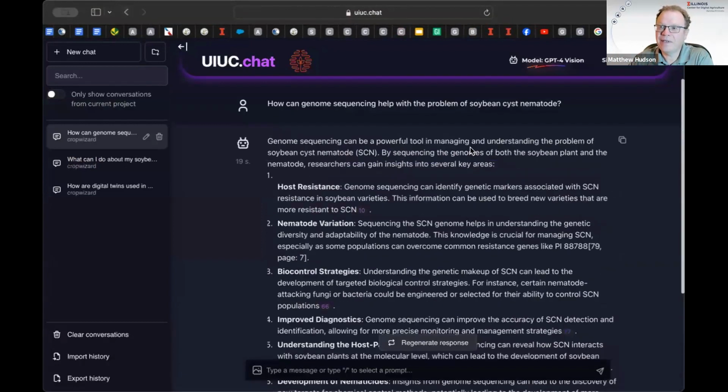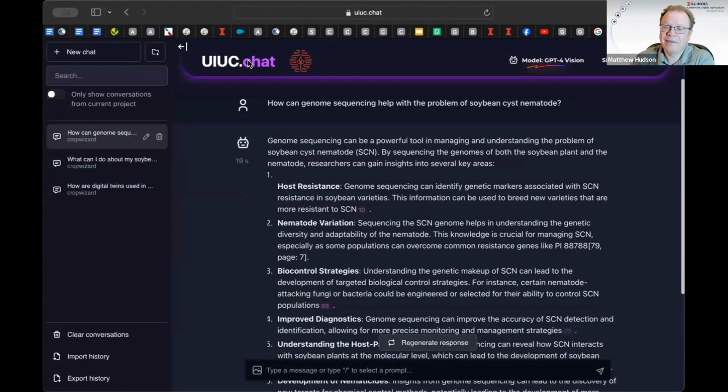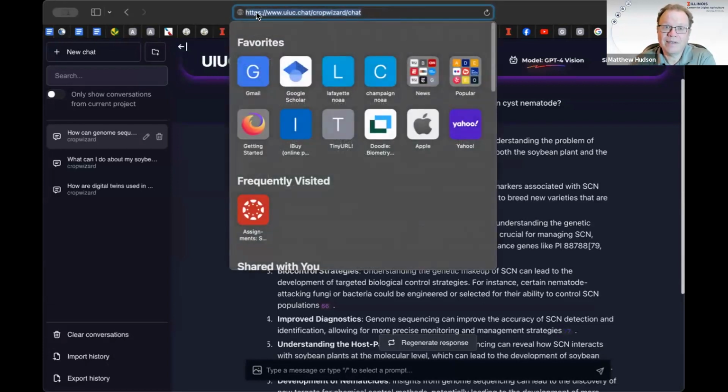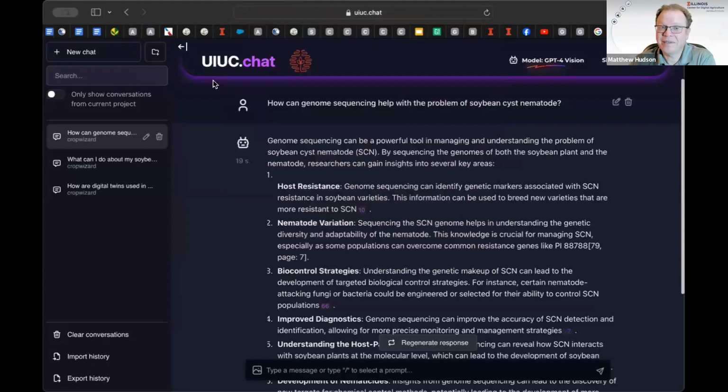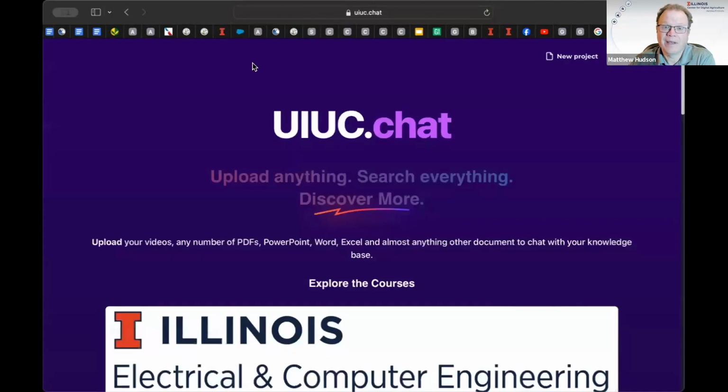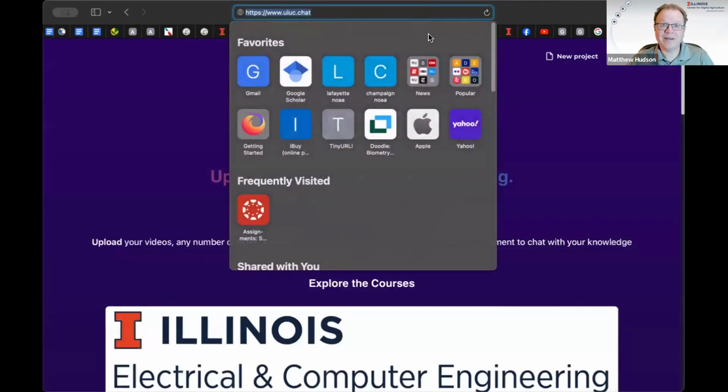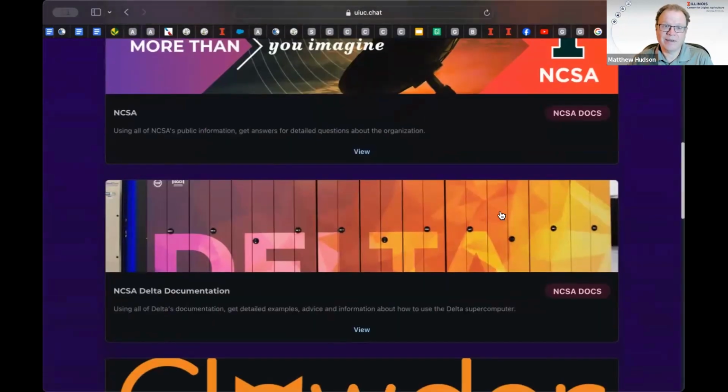It's part of this system that our engineering college has set up called UIUC.chat, where we're building more trustworthy AI. Trustworthy chatbots in particular is the idea here. You can see it's UIUC.chat/crop-wizard. This particular one is called crop wizard. If you go to just UIUC.chat, you'll see that there are a few different things.